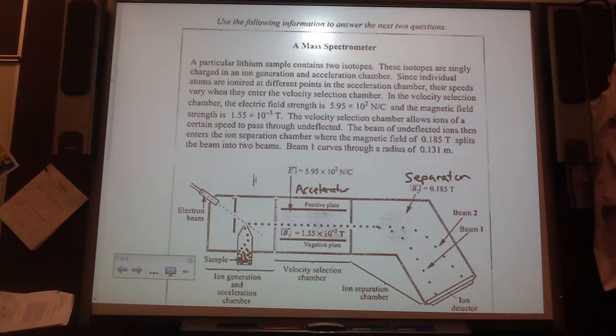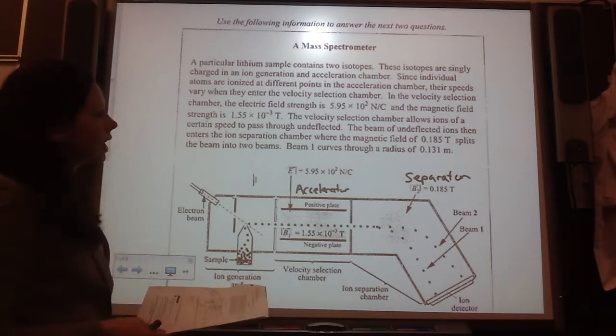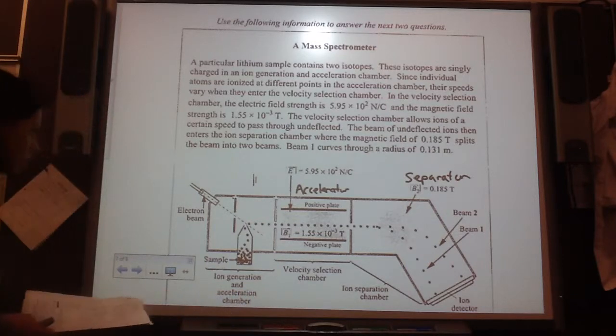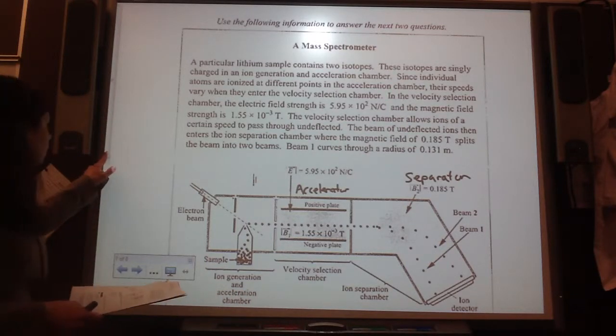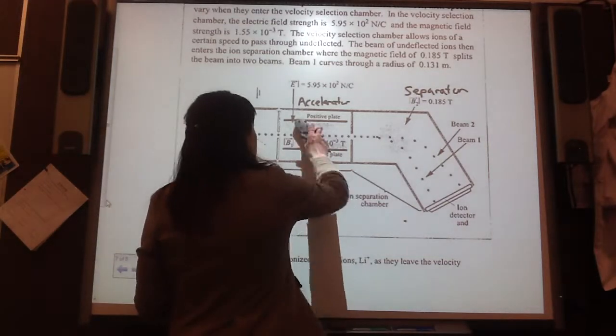The beam of undeflected ions then enters the ion separation chamber where the magnetic field is this and splits the beams in 2. Beam 1 has a curvature radius of 0.13 meters. Oh, sorry, I misplaced this one.